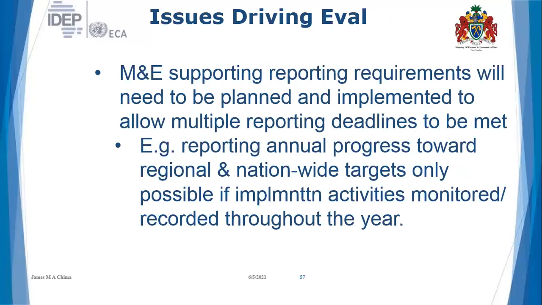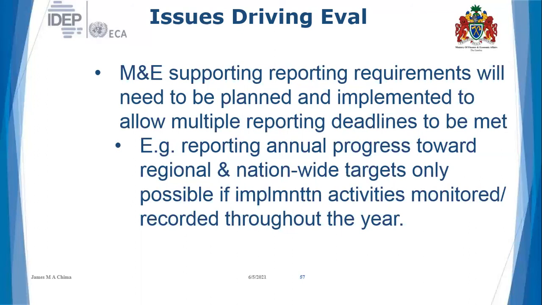The monitoring and evaluation supporting reporting requirements will need, therefore, to be planned and implemented to allow multiple reporting deadlines to be met, while at the same time ensuring that relevant information is availed, which will subsequently be used for decision-making.